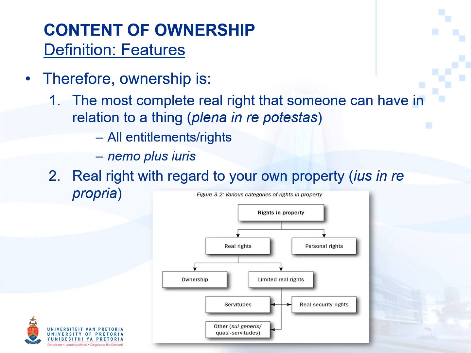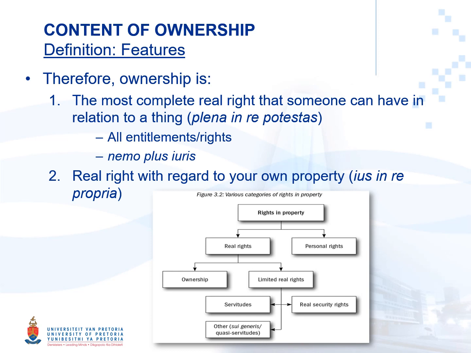Now, ownership is located under real rights since it is a real right alongside limited real rights. The real right of ownership is a jus in re propria, a right that one has in one's own property, versus limited real rights being jura in re aliena, which are real rights that one can have in another person's property. And these are the definitions we use to distinguish ownership from limited real rights, since ownership is not a limited real right.